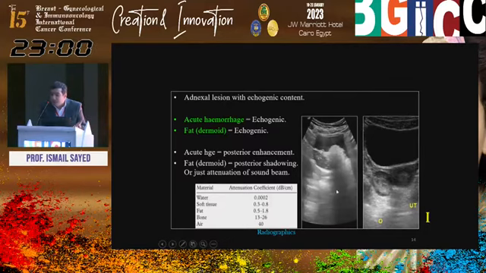So posterior attenuation means a fatty structure, but here there is posterior enhancement. Blood acts like water, nil attenuation, so the ultrasound beam is enhanced behind the acute hemorrhage. So this structure is mostly an acute hemorrhagic cyst in a normal location, nothing to worry about.